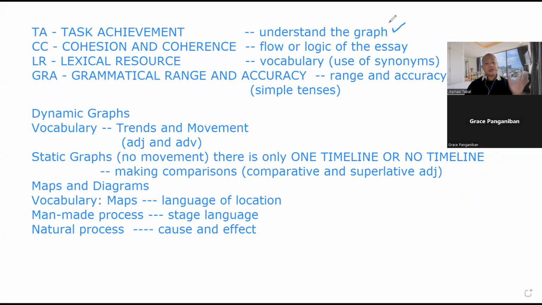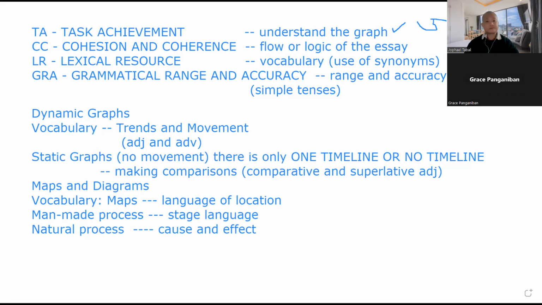This means the student has fully understood the graph. If the student hasn't fully understood the graph, the score they can get is 5 or lower. In which case do students not understand the graph? Let's have an example here.